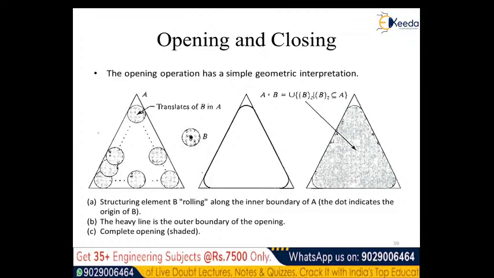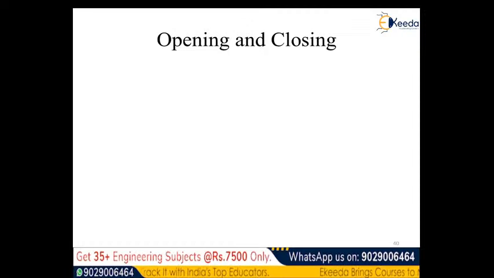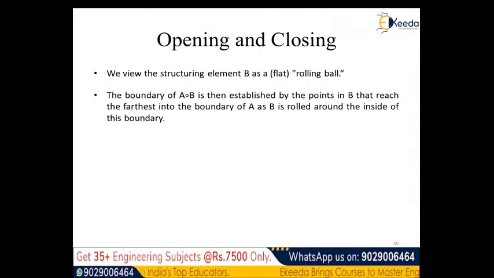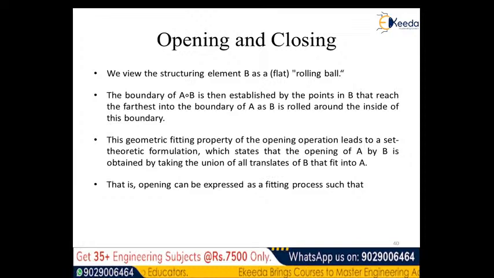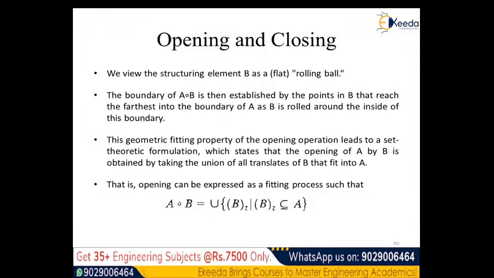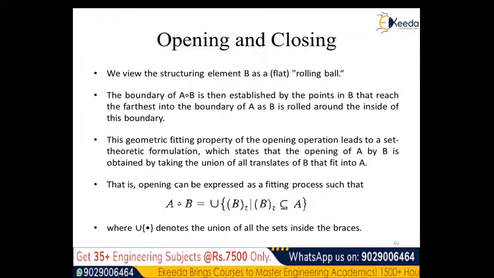So instead of having a triangle with sharp corners, the corners are smooth as a result of the opening. This is what is discussed in words here, and after this we have the closing operation also discussed.